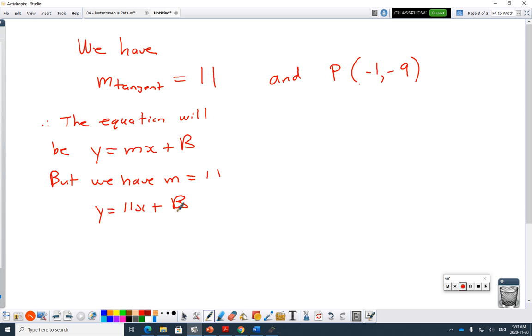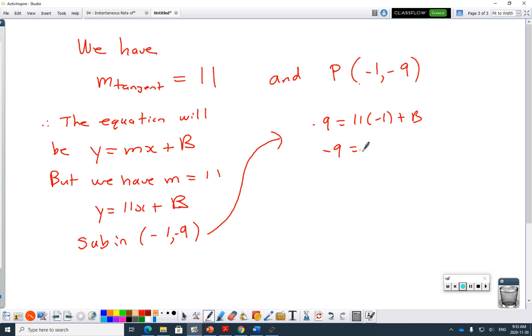So sub in -1, -9. Your grade 9 and 10 teachers were supposed to beat that to death. But if not, I'm showing you how to do it here. Negative 9 equals 11 times negative 1 plus B. A little bit of algebra there. And B equals 2.